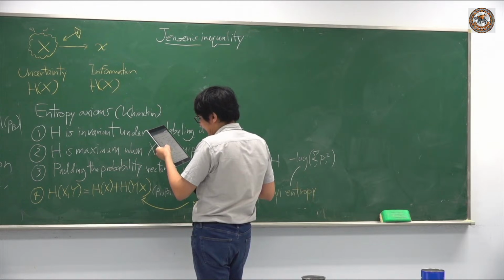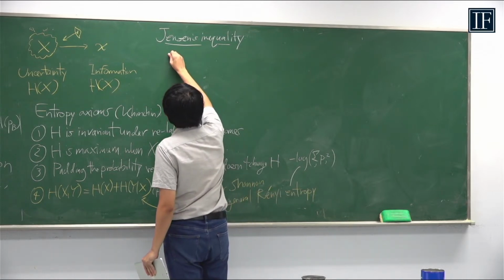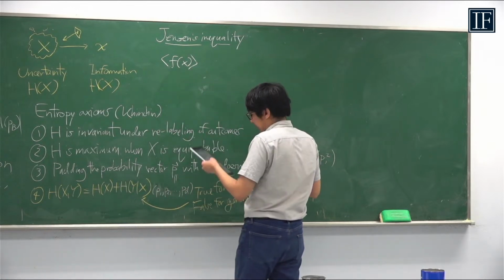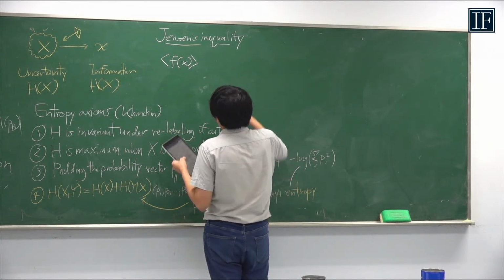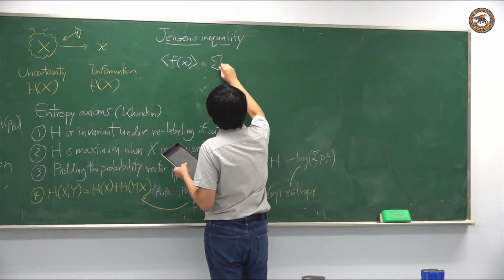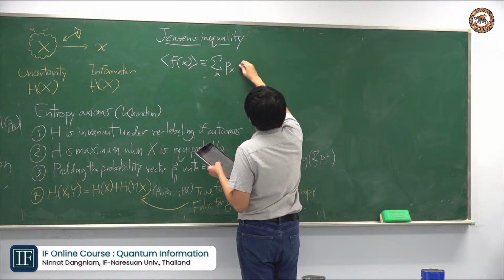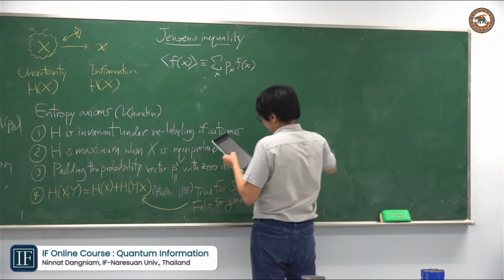Which is a statement about the expectation value of a function, whether it's concave or convex. So this is just defined to be the sum of Px times f of x, right?